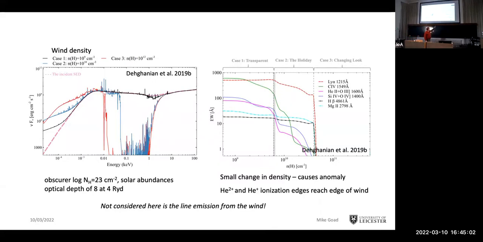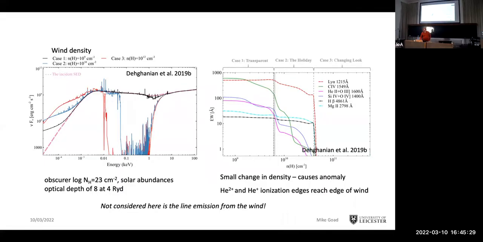Okay, so Miriam pointed out that it doesn't take much change in density at this point in the wind to reproduce the behavior in the emission lines that we see. So you just change the density from, I think she said, a few percent or so, and it changes the equivalent widths in exactly the same way that we measure in our data.